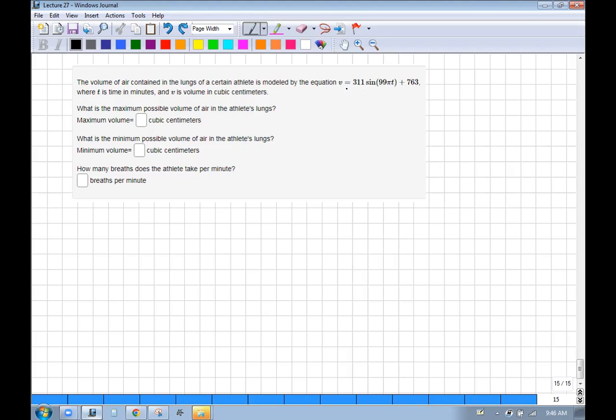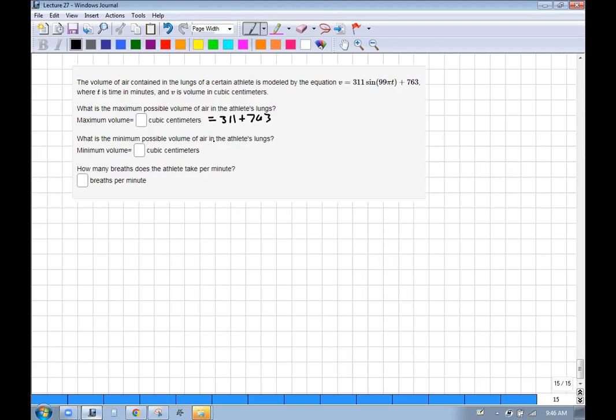So volume here is going to be a maximum when sine is 1, right? That's when you're going to get 311 plus 763. That's going to be your max volume. Your max volume is 311 plus 763, right?